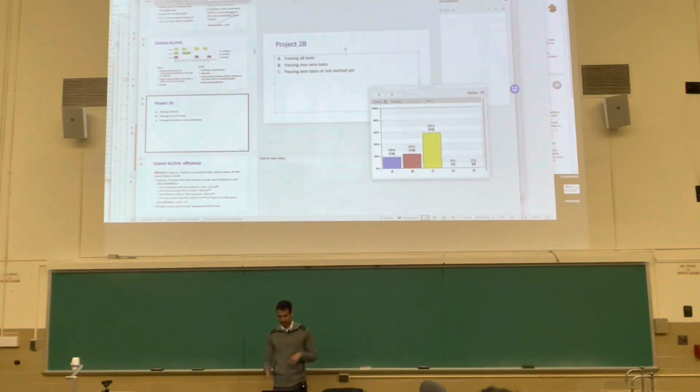Okay, we have this meeting open, there's about 75 plus people, and 55% say they're passing 0 tests or not started yet. I'm not sure how that's possible, because I think strictly over half the class was passing at least 10 tests in part A, which means they will automatically pass that many tests in part B as well.